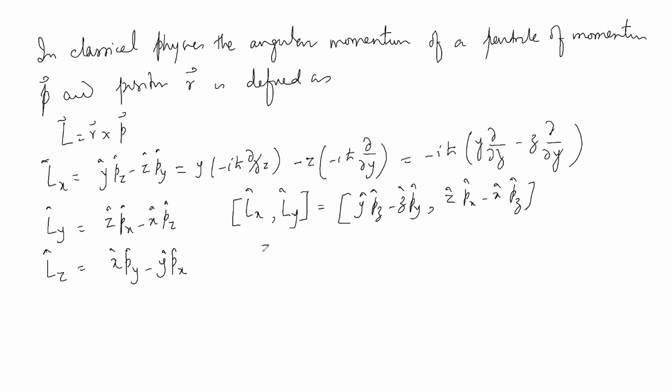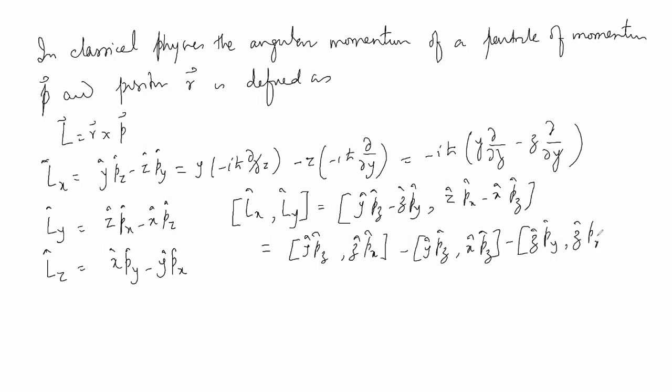And then you evaluate it. How many terms would be there? Four: Ypz, Zpx, minus Ypz, Xpz, minus Zpy, Zpx, and plus Zpy, Xpz.